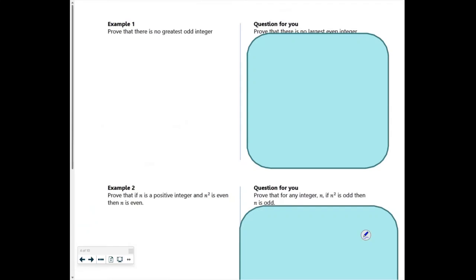It says, prove there is no greatest odd integer. So I want to assume that there is a greatest odd integer.